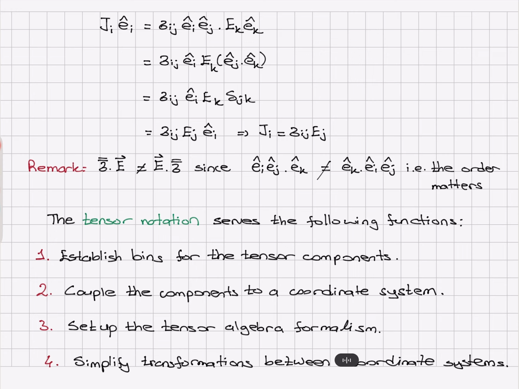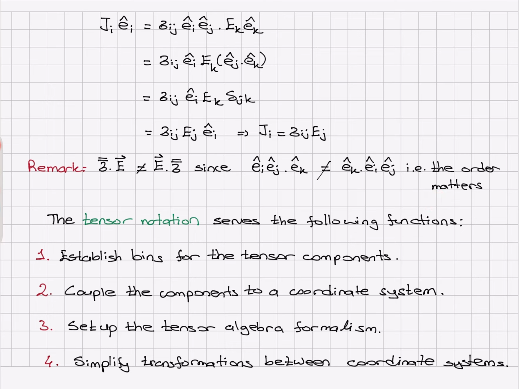And one thing I have noticed here is that a dot product between a second rank tensor, as we're going to see, and a vector is not commutative. So we cannot write the reverse and set them equal to each other. So the order of the operation matters here.